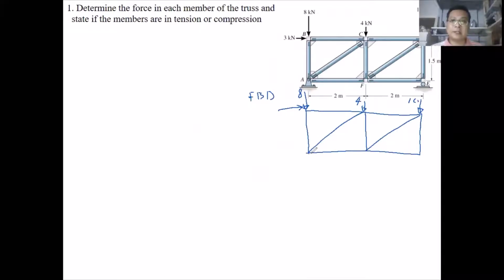And what else? We draw the force that is acting on the support, support A and support E.